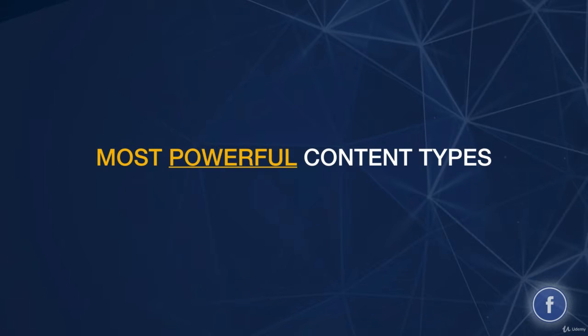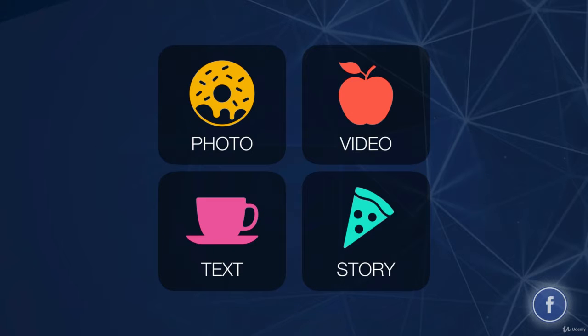So, what are the four most powerful content types that you need to use to start? Even if you're at 100,000 likes or 100,000 followers for your page, you want to be utilizing these four content types because they're by far the most powerful way to either engage and educate or drive a hard call to action.